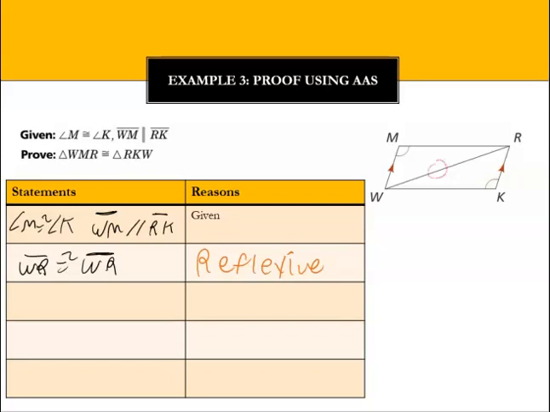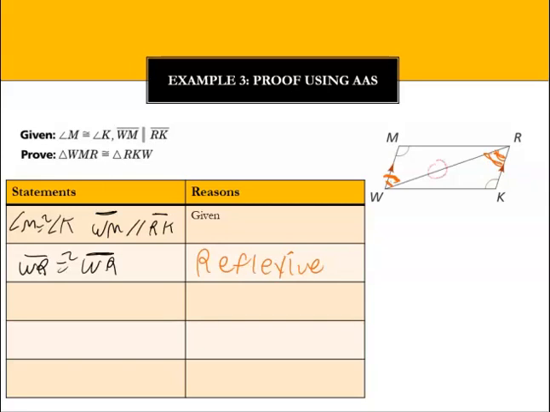There is no way to get any other sides congruent here. And so what we have instead is we have to get another angle. And the angle there that we need, it really doesn't matter which one you pick, but it does need to be with the parallel line, sorry. So I'm going to go with that one.